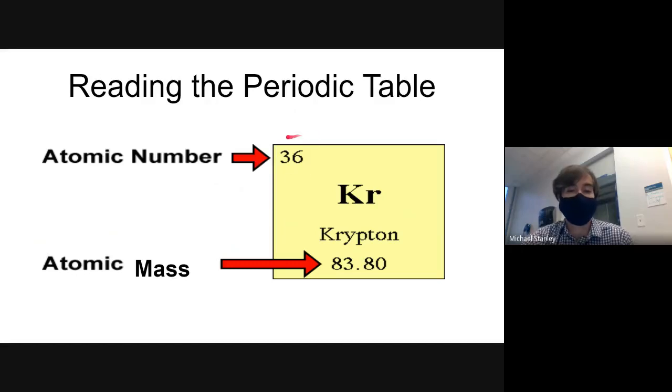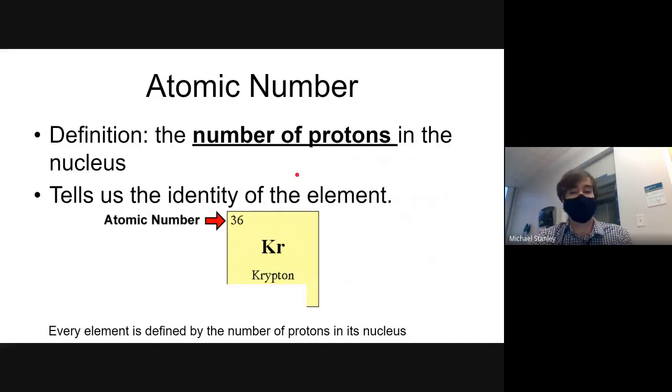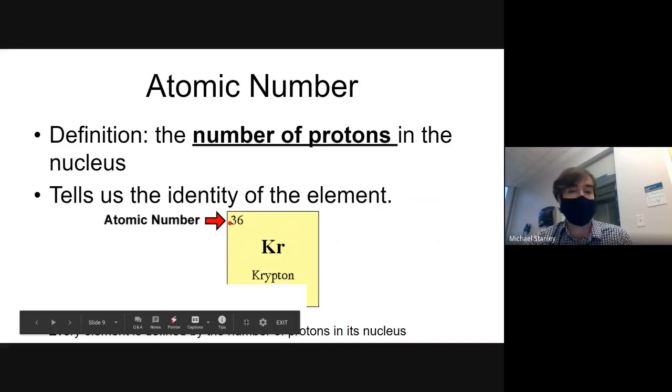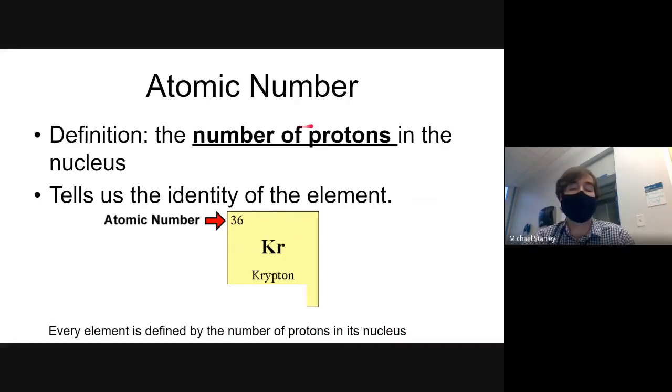So the first number that we're going to talk about, the atomic number, is really nice and straightforward. The atomic number simply tells us the number of protons in the nucleus of this atom. So if we want to figure out the number of protons, all you've got to do is look at this atomic number. Krypton has an atomic number of 36, which means krypton has 36 protons in it. Each atom of krypton has 36 protons.